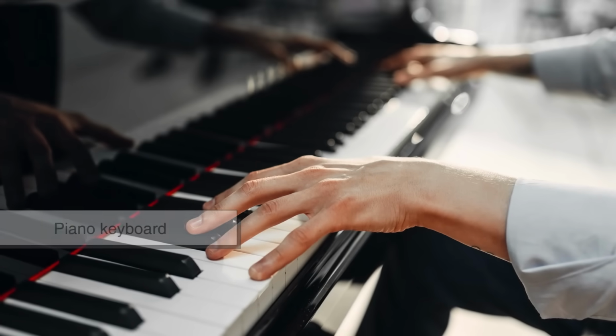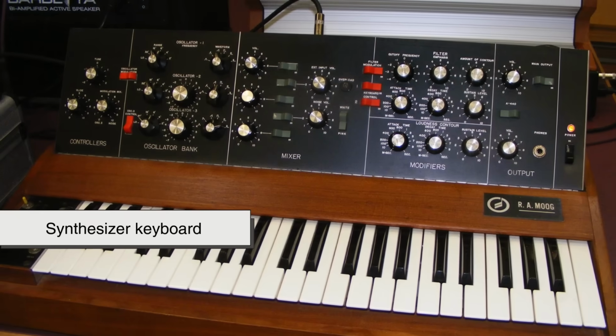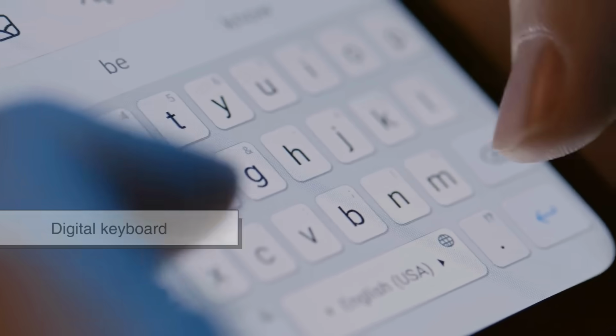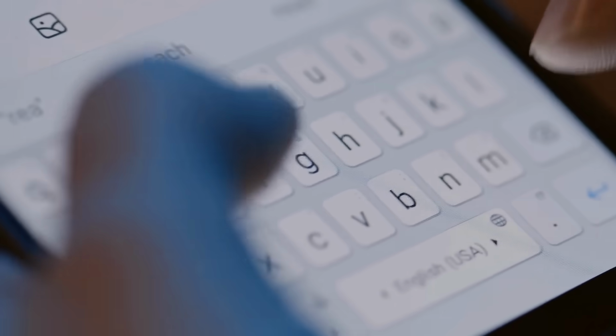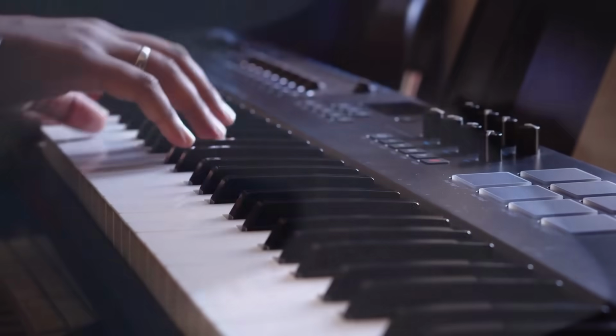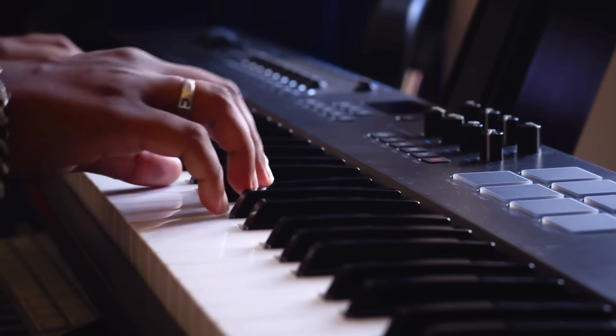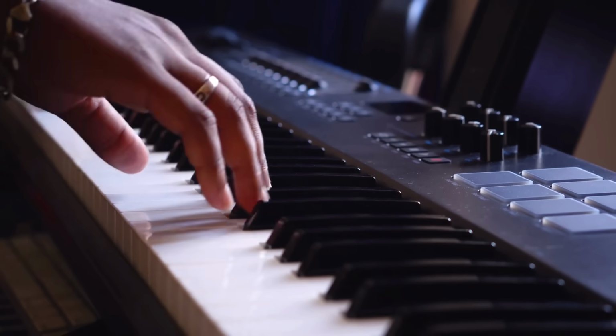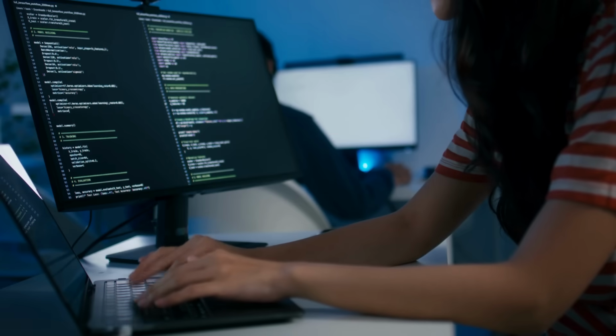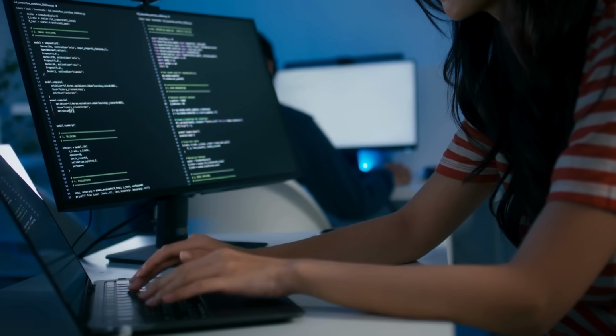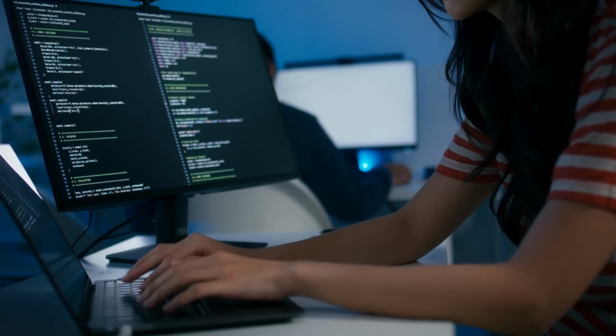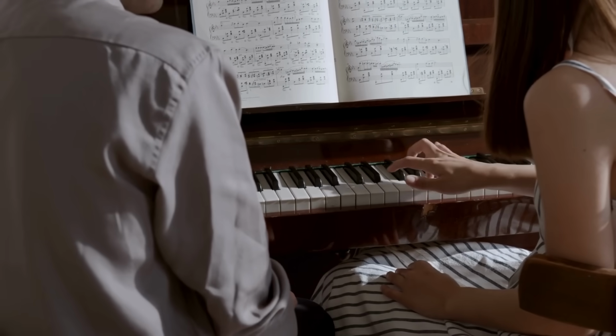We talk about a piano keyboard, a synthesizer keyboard, or a digital keyboard on a smartphone screen. All of them share the same concept: a flat surface with a set of keys that produce outputs, whether that's music, letters, or commands. The continuity of the word across centuries shows how language adapts while preserving its roots.